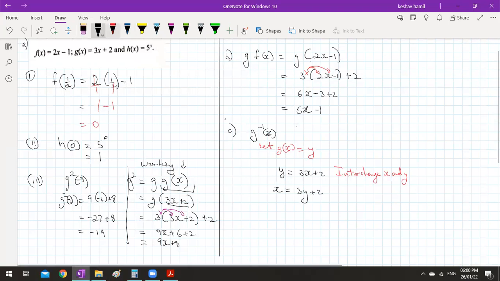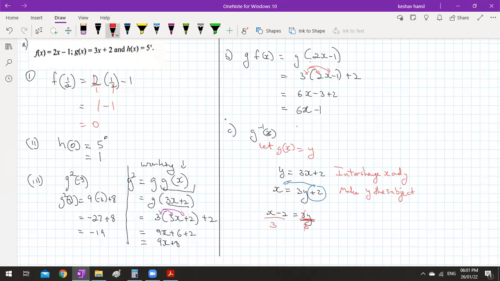And then make y the subject. In other words, solve for y. We want to carry across the 2 first. We get x, take away 2 is equal to 3y. Then you're going to divide by 3 on both sides.